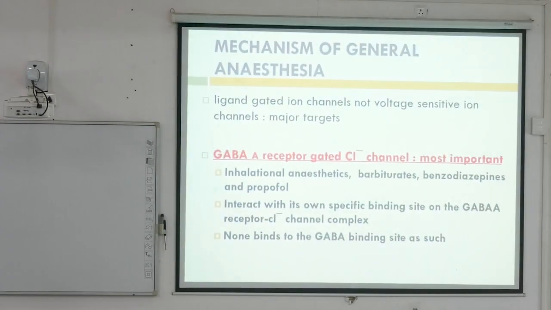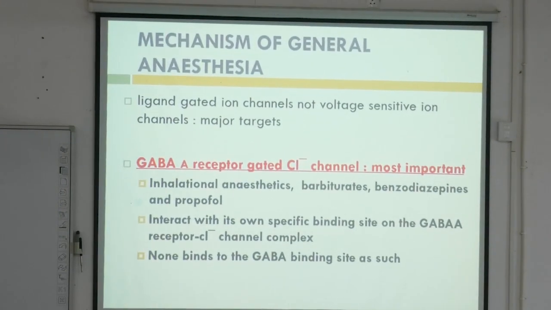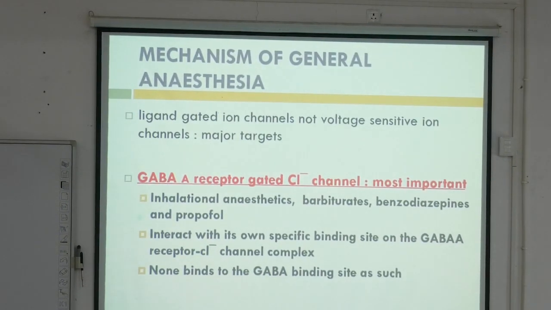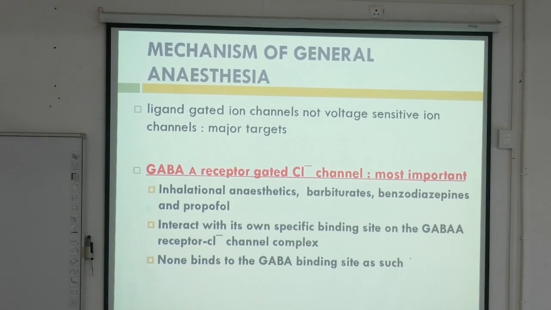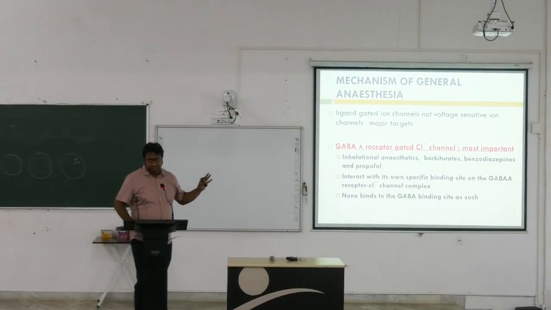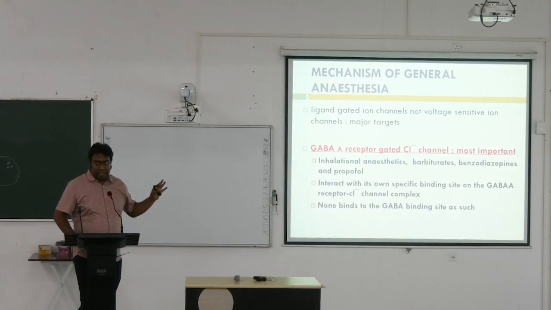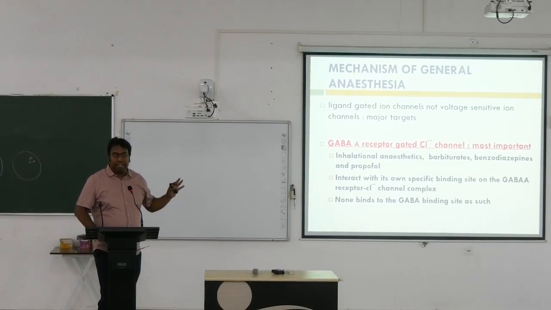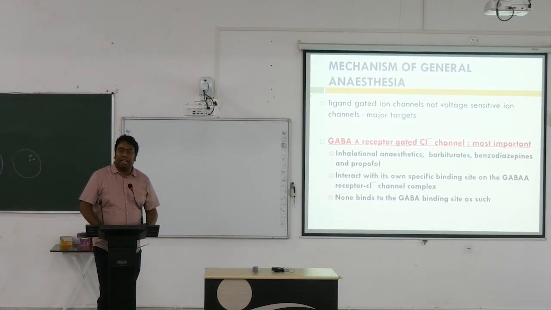Next, the channels which are involved, or receptors. These receptors are ion channels. It is not the voltage gated, it is ligand gated ion channels that are primarily in action for general anesthetics. General anesthetics act on the ligand gated ion channels. So, what are the ion channels?